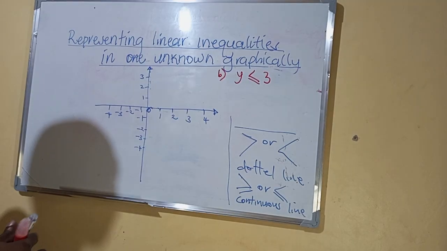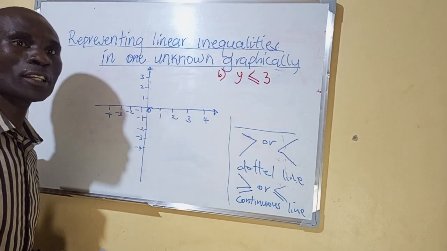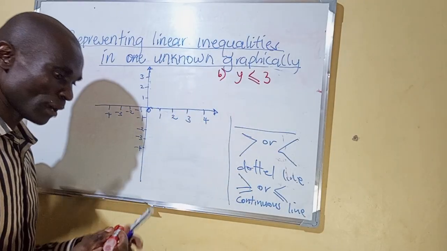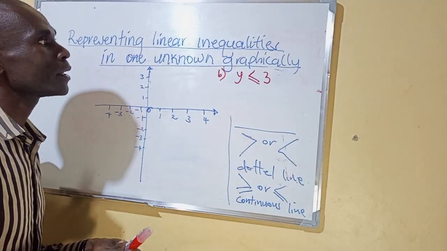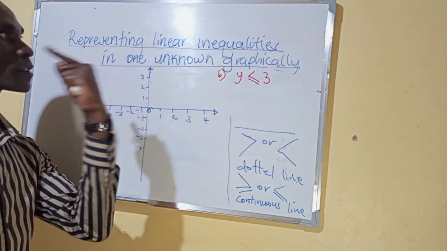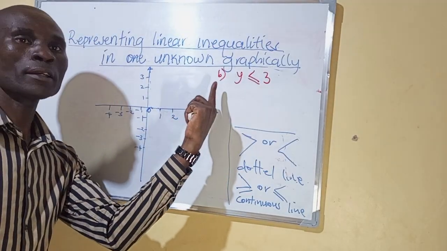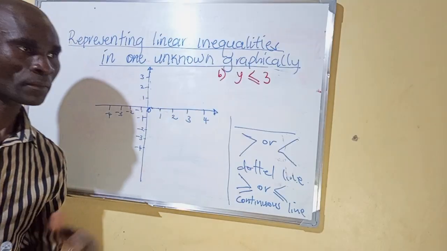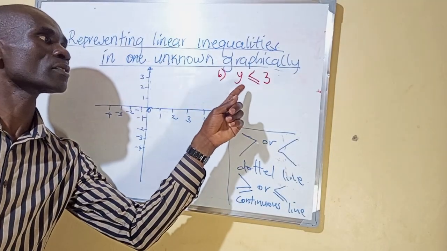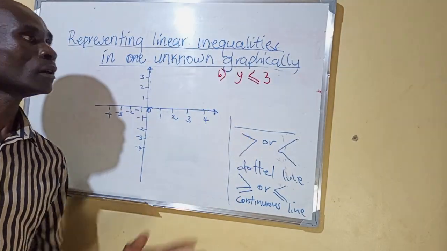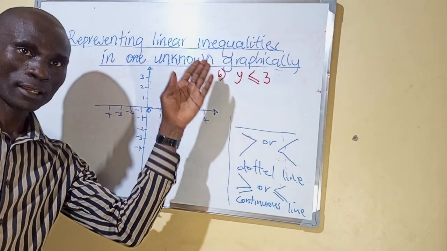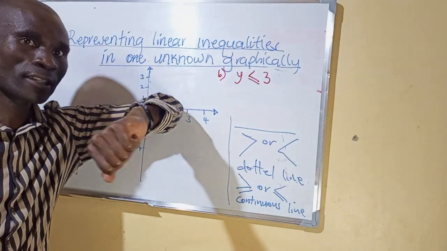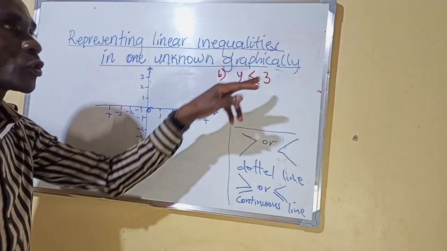All right, now, I think you did a pause, and we have this case here whereby we're saying y is less than or equals to 3. So suppose we have to graph this. What do we do? y is less than or equals to 3.